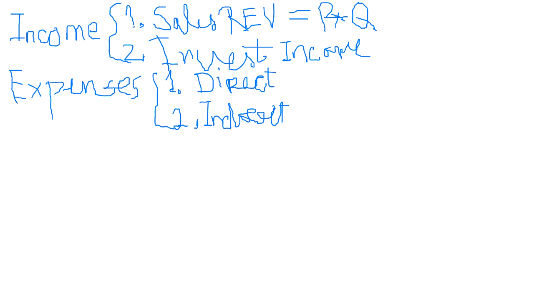Direct cost is also called CGS, cost of goods sold, which is accounting terminology, and it's also called total variable cost, which is microeconomics terminology.